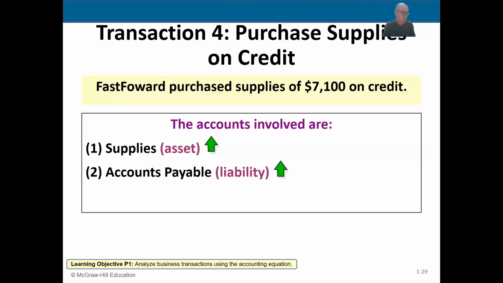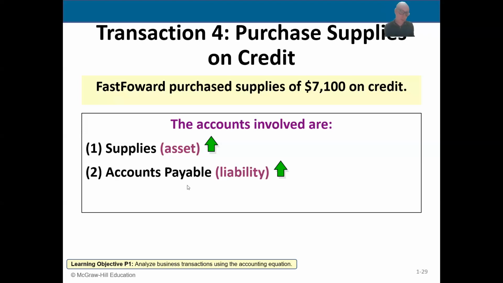It depends on the situation. If it's the company making a purchase on account, then it's accounts payable. If it's a customer making a purchase from the business on account, then it's accounts receivable, you see? So you just have to be very careful when you read the transactions. That's what I'm trying to say here.